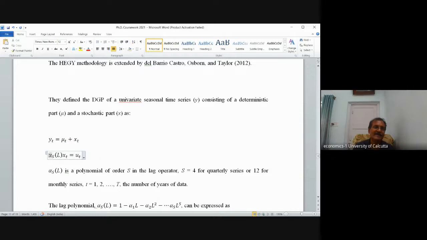So alpha s L is basically a polynomial function of order s in the lag operator, and by setting it equal to 0, you will get the inverse characteristic equation.